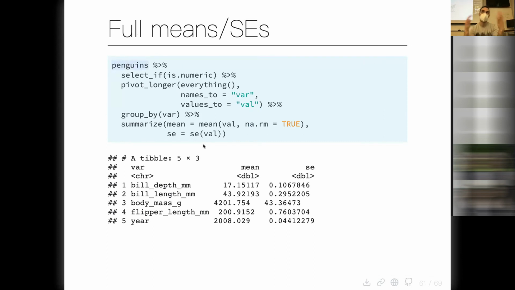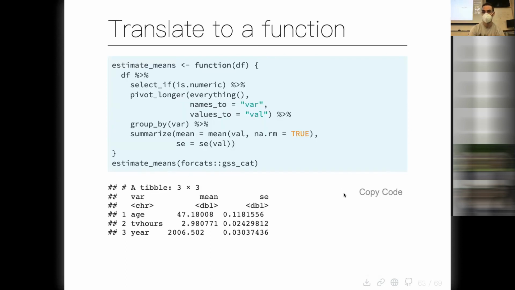We're not selecting any columns, so we don't need non-standard evaluation. This is one where even without non-standard evaluation, it should just work.